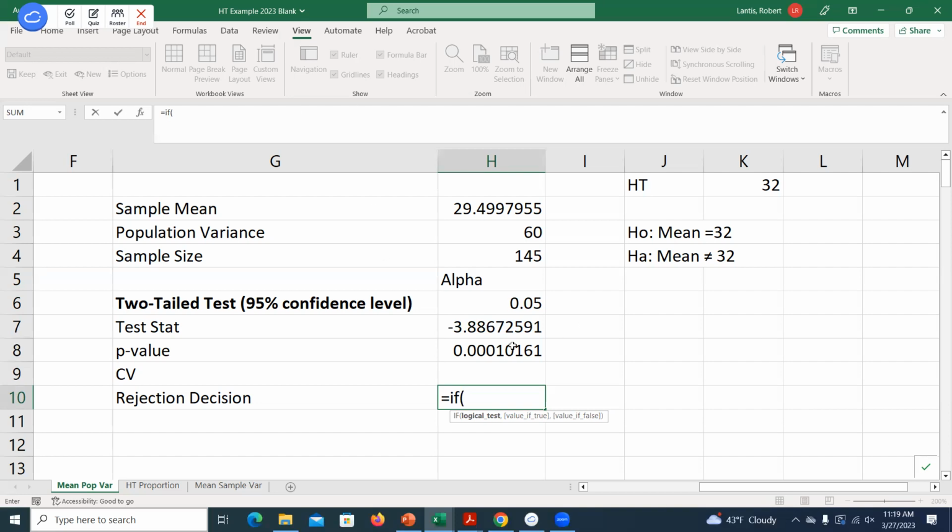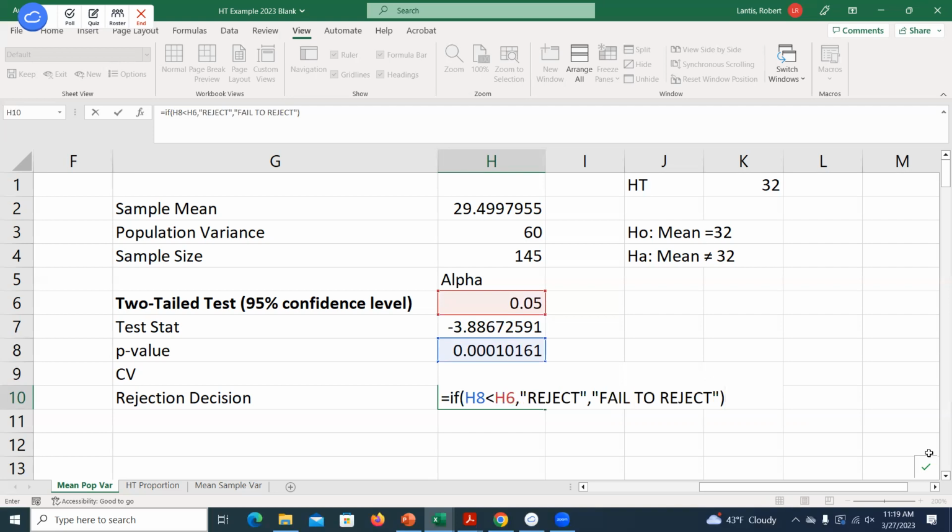So all I'm going to do is say, if this cell that has the p-value in it is less than the cell where I put alpha, comma, if that holds, if that's true, I know that I should be rejecting. So put the word reject in this cell. Check to see if this is true, comma. If it is true, what do you want this cell to have? Well, I want it to have the word reject. I have to put that in quotation marks. That just lets Excel know it's text, not a number, right? Comma, if it's false, what words do I want to be in that cell?